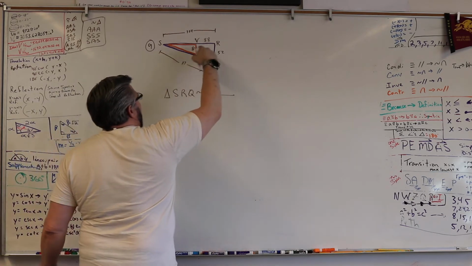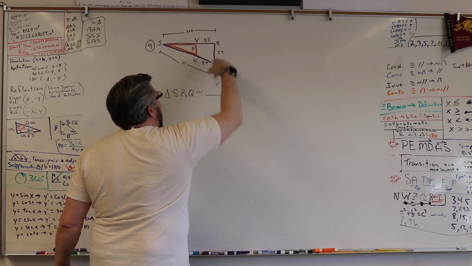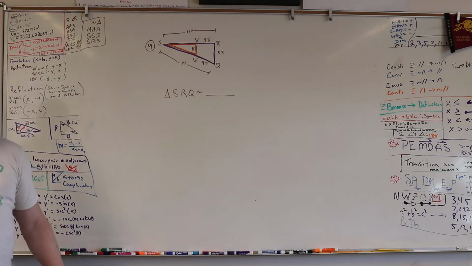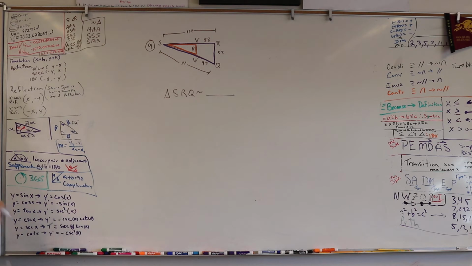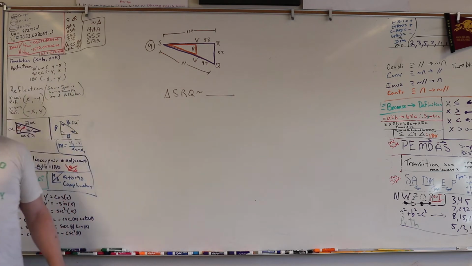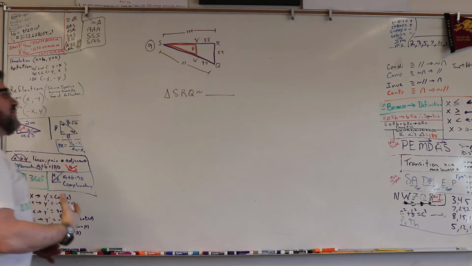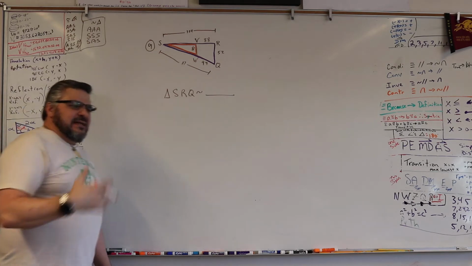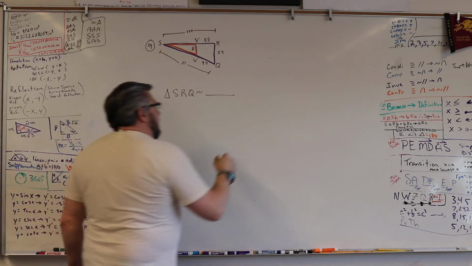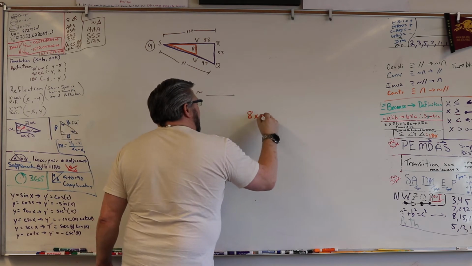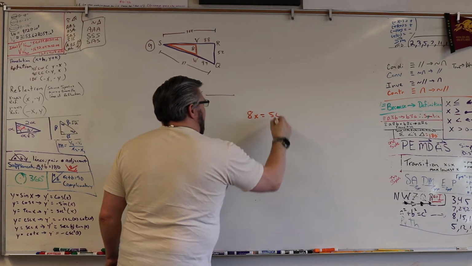8, right? How can we go from 8 to 52? Well, remember, a ratio is multiplying. So, we want to multiply something by 8 to get to 52. So, in essence, 8x would equal 52.